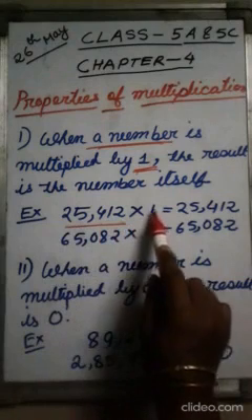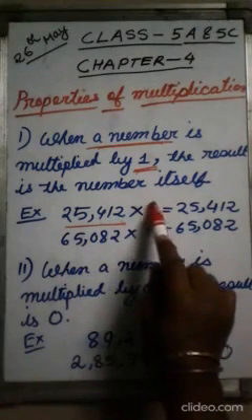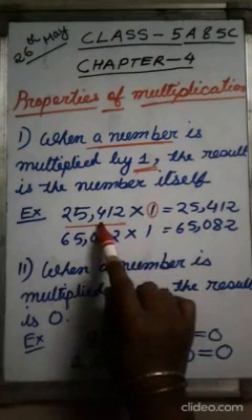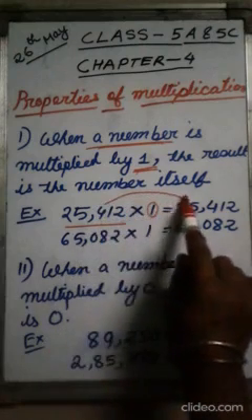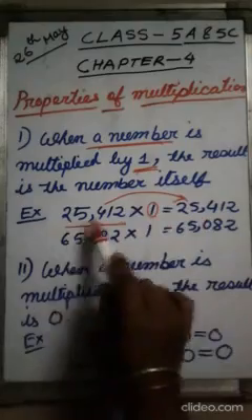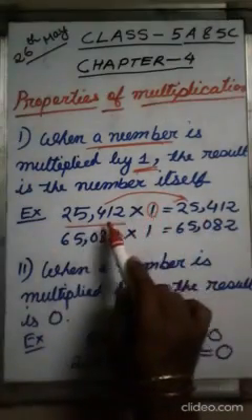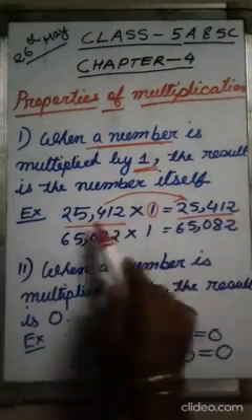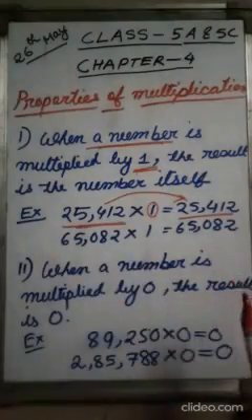I am multiplying the number by 1. The result will be the number itself. So, after multiplication with 1, we get the same number.